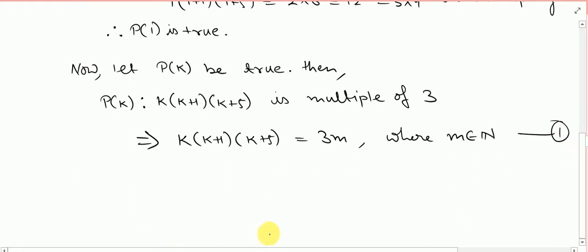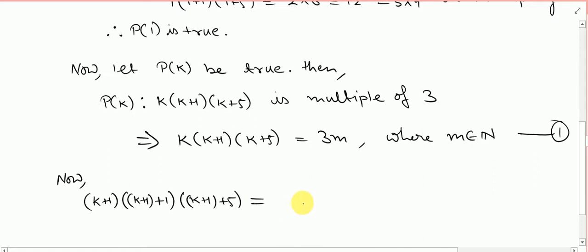Now we have to show that this is true for k plus 1. So for that, we copy this expression; the only thing is, in place of k we write k plus 1. So now k plus 1 plus 1 and k plus 1 plus 5.